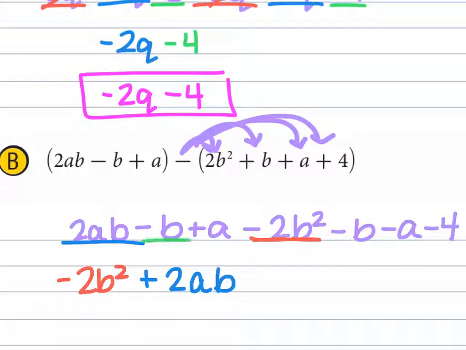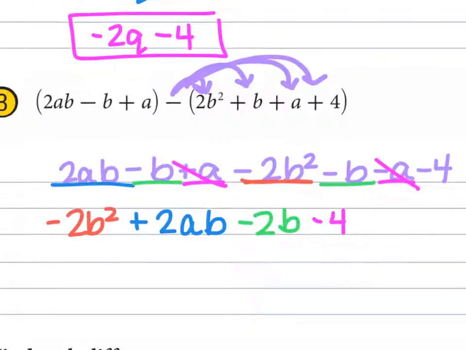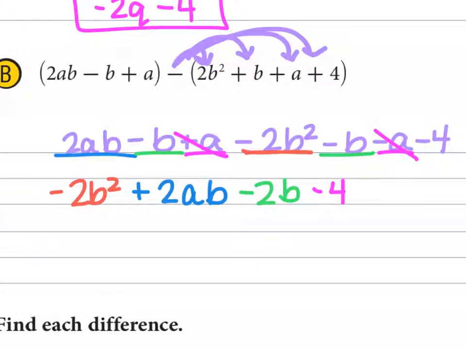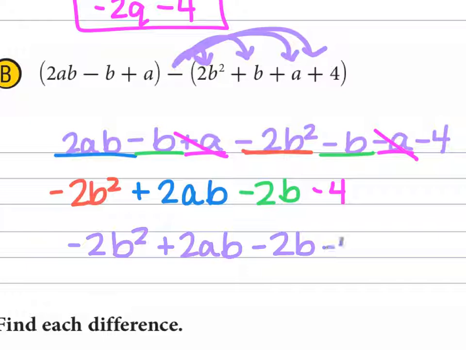And then negative b minus b is negative 2b. And then we have that a minus a, which cancels, and then that negative 4 we just dropped down. So writing this in standard form, we have negative 2b squared plus 2ab minus 2b minus 4.